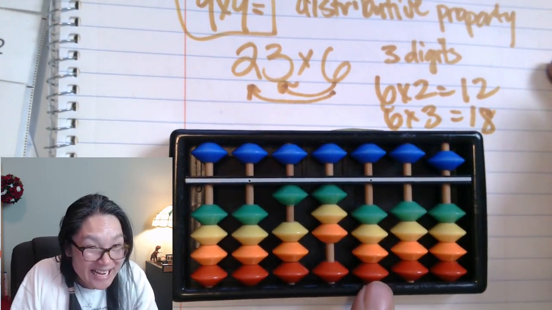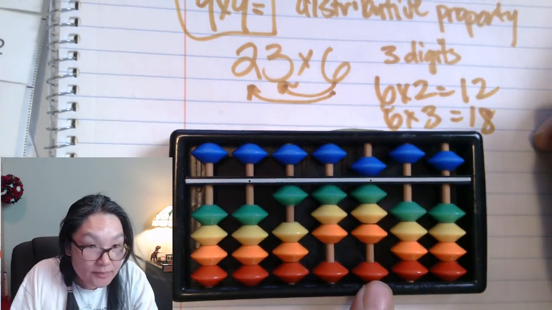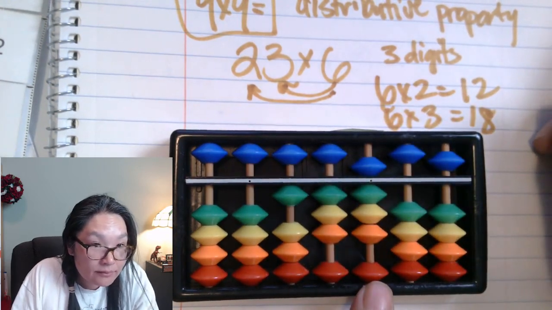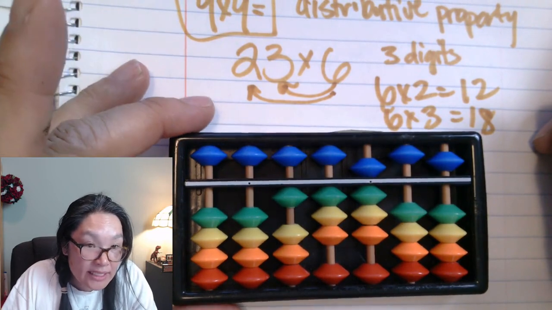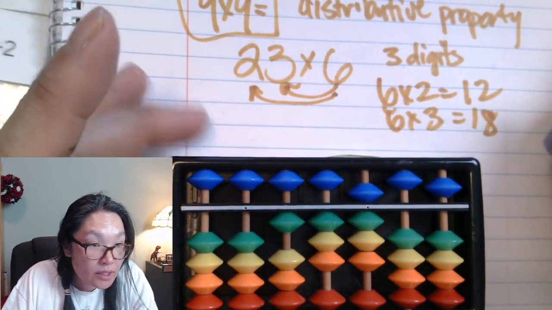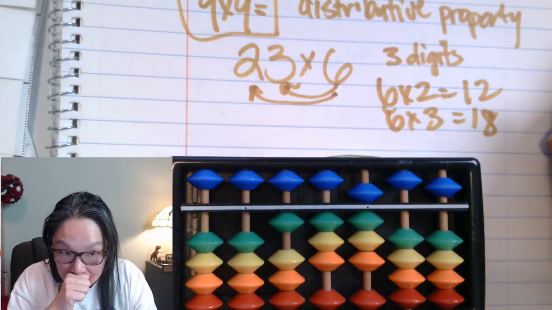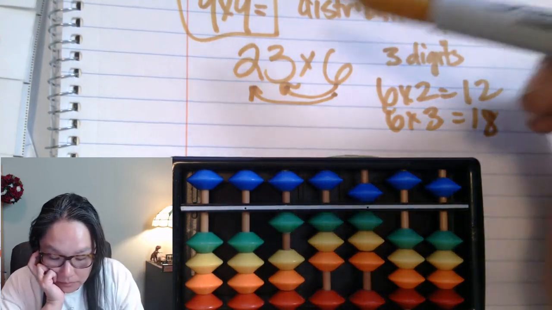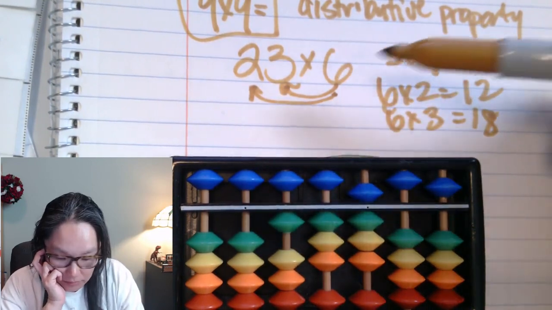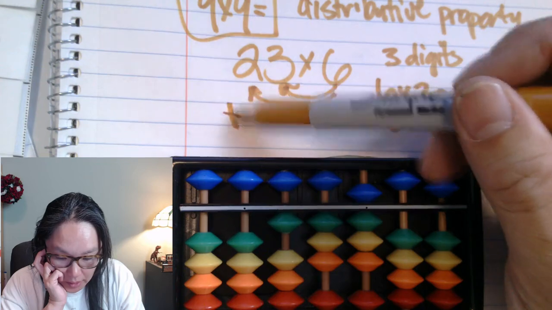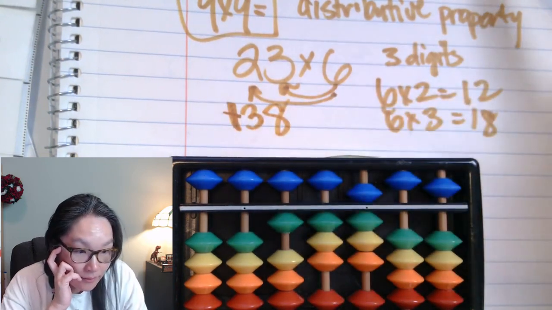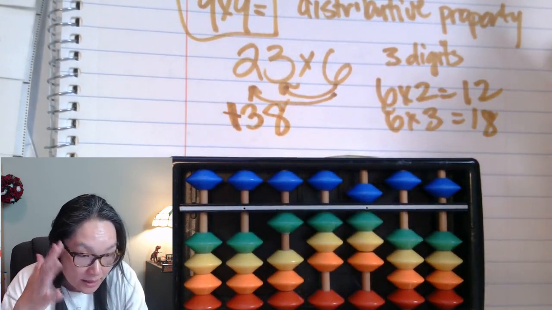Do I have enough to add the 8? Yes. And there we go. That's it. Thank you, Axel, for the heart. What's my final answer? 138. Yes, exactly, Iris. That's what it is.